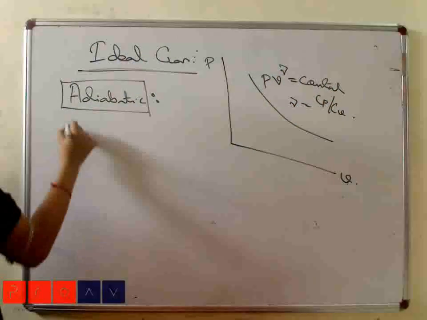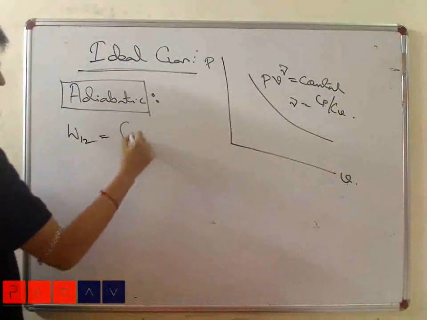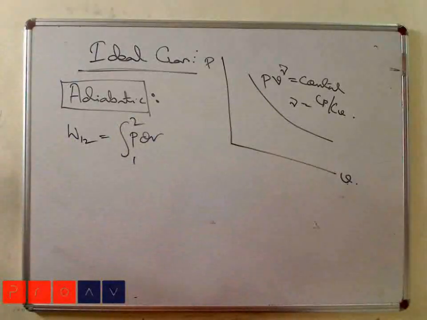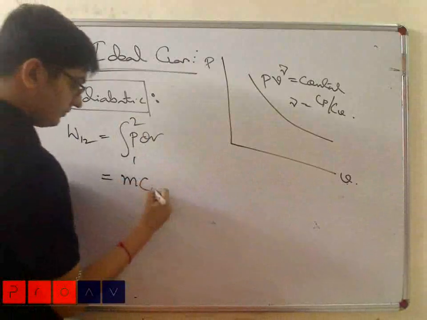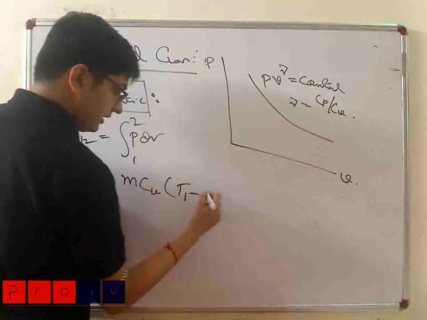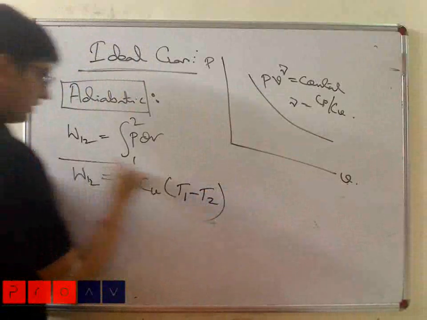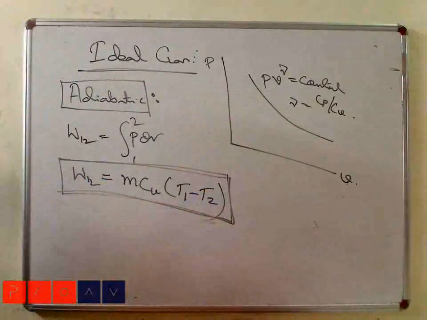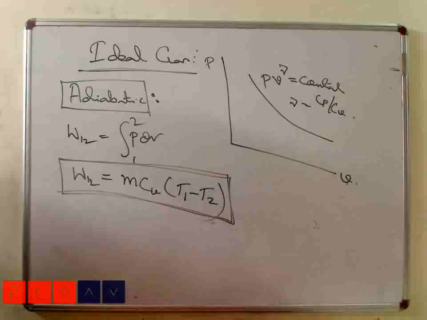Work done from 1 to 2, if you perform this integration, we will get m Cv (T1 minus T2). So for the adiabatic process, work done is equal to m Cv (T1 minus T2).